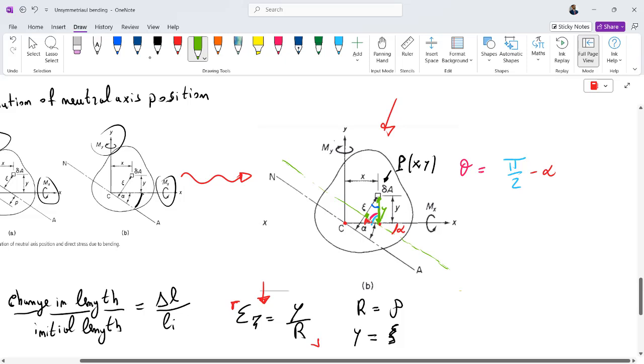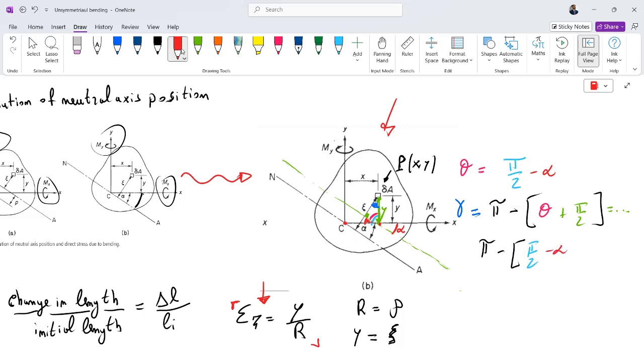If I want to obtain this angle written in blue, let's call it gamma, gamma is equal to pi minus theta plus pi over 2, that is pi minus pi over 2 minus alpha plus pi over 2.